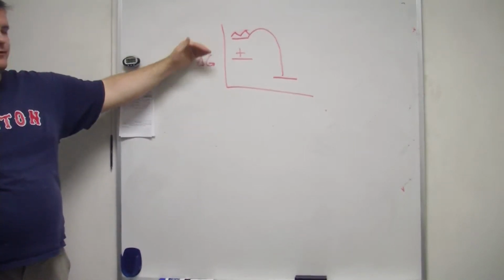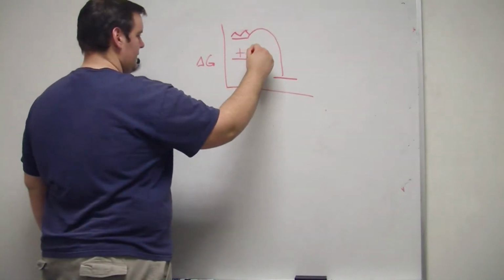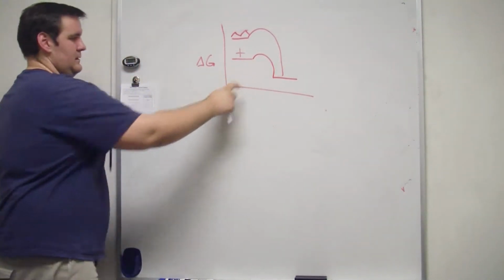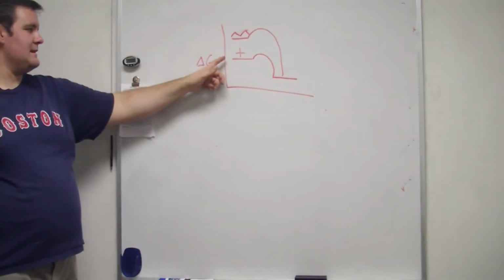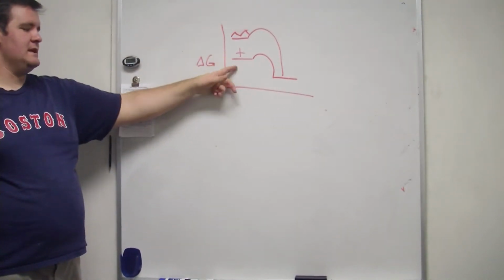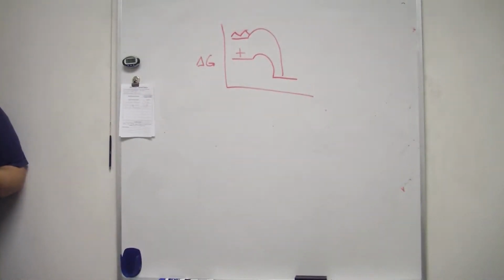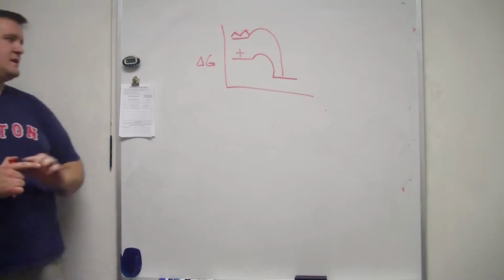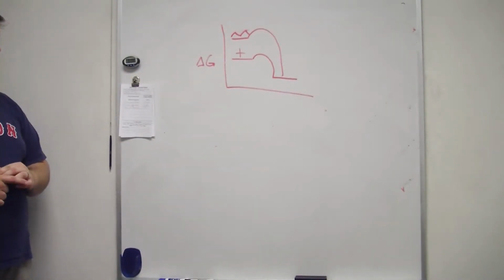The neopentane gives off less energy, so it's lower on the energy level, because the delta G is going to be smaller than this delta G. Things that have lower energy have greater stability. So that's how the book explains why something with more branching is more stable, just because it's going to have a smaller delta G.